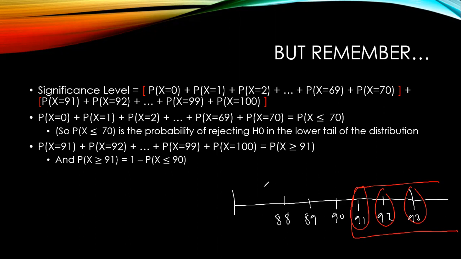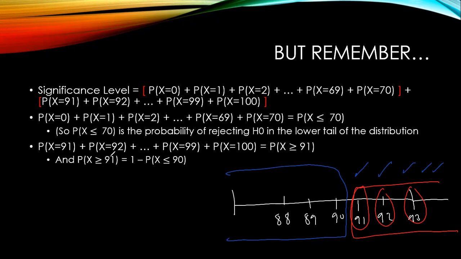So the probabilities of 0, 1, 2, 3, 4, 5, 6, 7, 8, all the way up to 100, all add up to 1. If we do 1 take away all of the probabilities of the number of successes being less than or equal to 90, we're just left with 91 successes, 92, 93, 94, 95, 96, 97, 98, 99, 100.